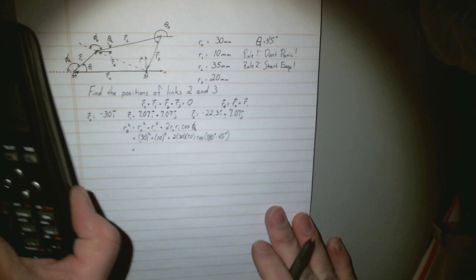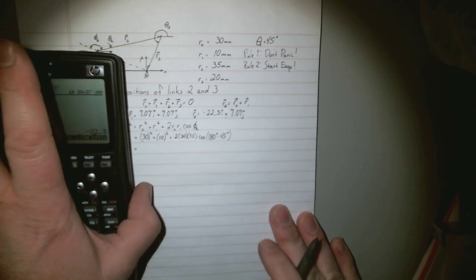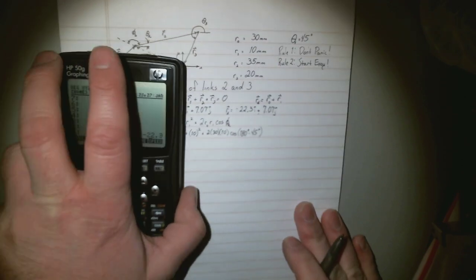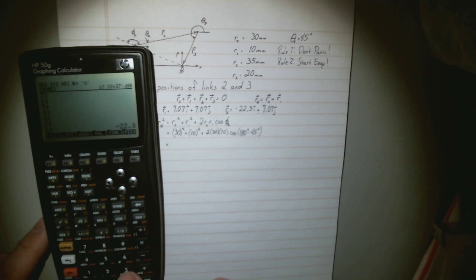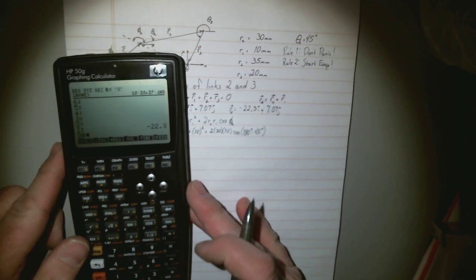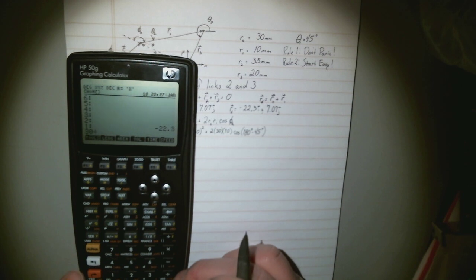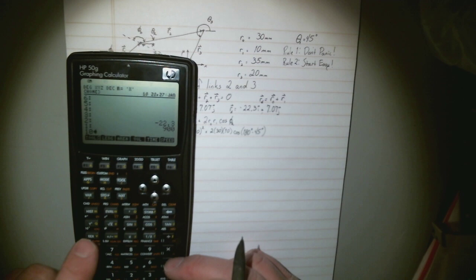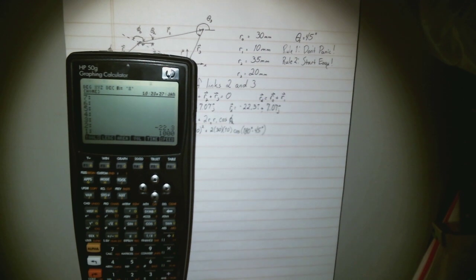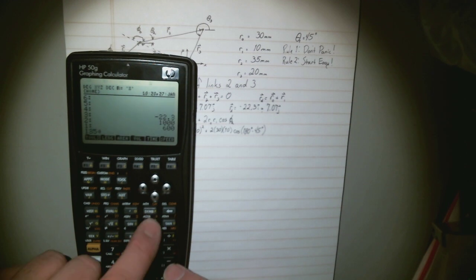So, plugging and chugging this in, I get 30 squared plus 10 squared plus 2 times 30 times 10 times the cosine of 135.